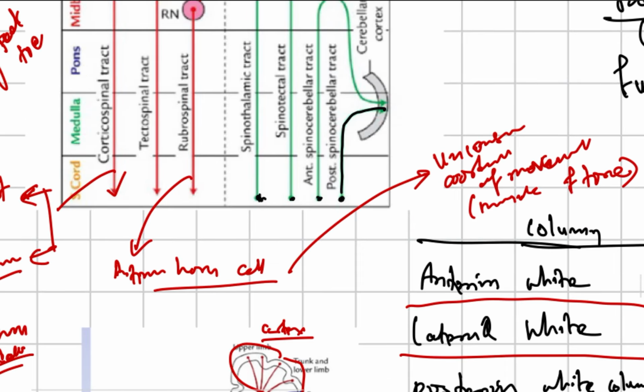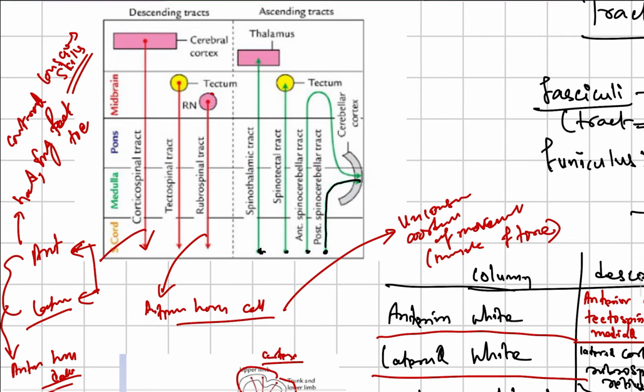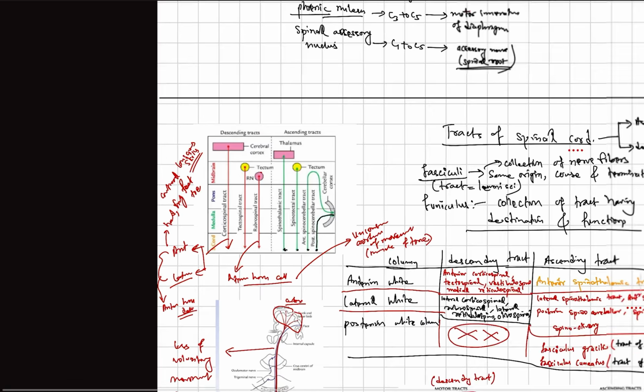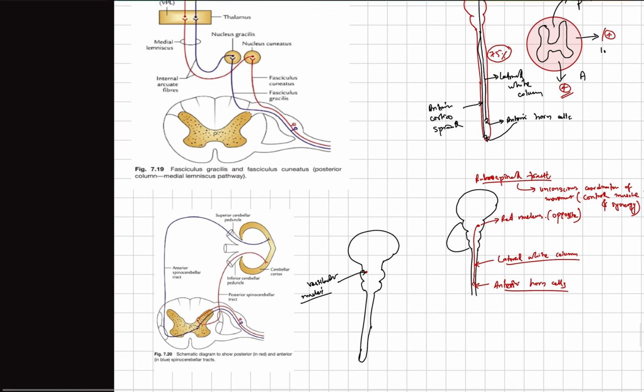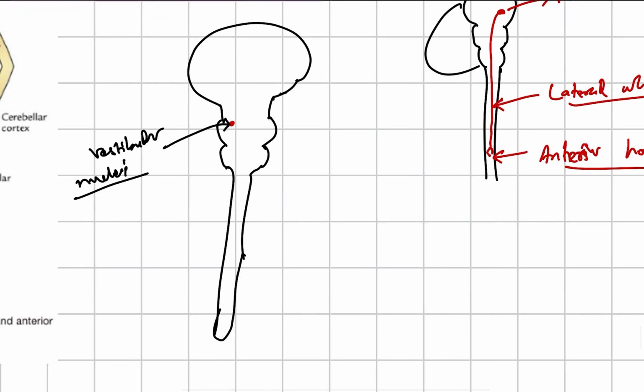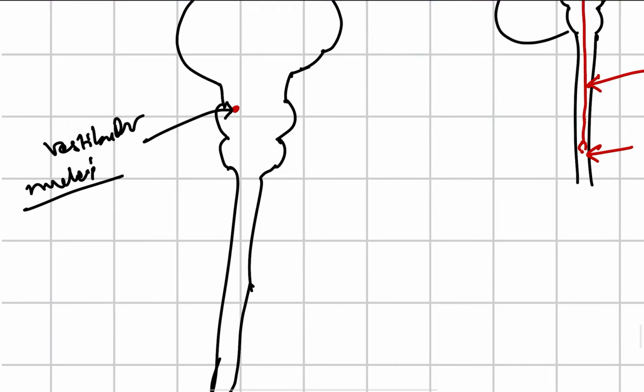When we look at this image, midway are the vestibular nuclei, and that is the origin of this tract.